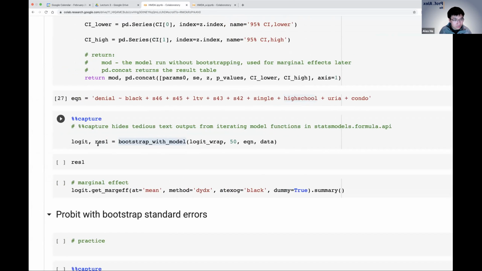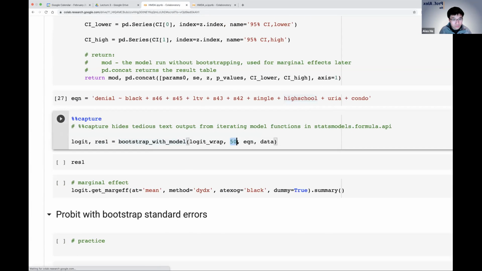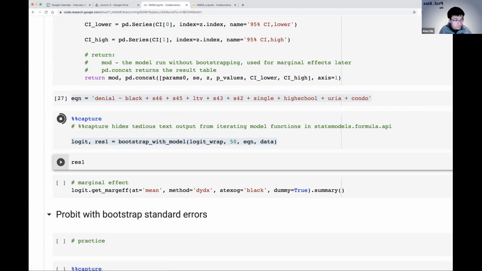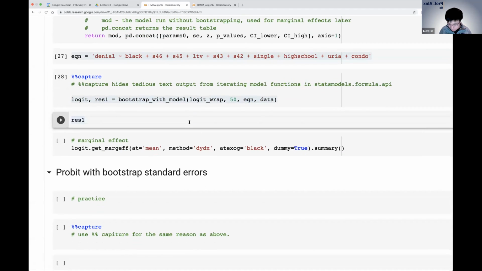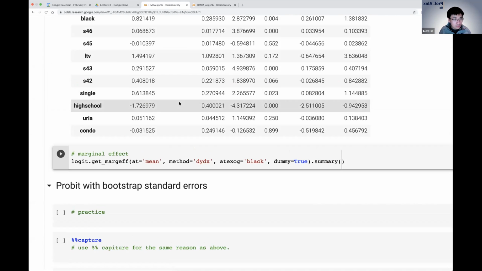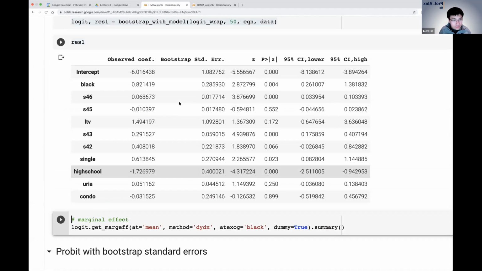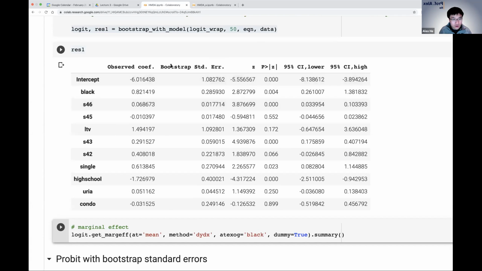And 50 is the number of times you draw a sample, so it's the number of betas you get. Equation is this equation here, and the data is our data. That could take like 2 seconds to estimate beta for all of these 50 iterations. And then it will give you the estimates and their bootstrapped standard errors.